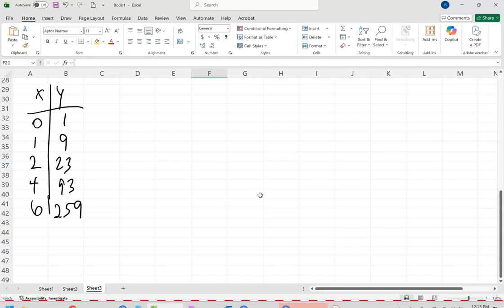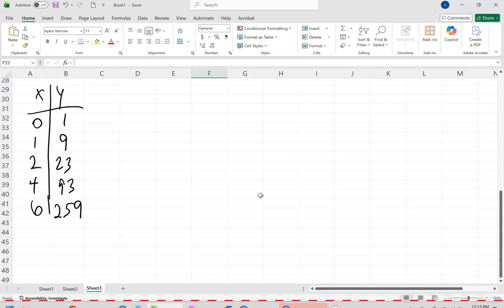Let's see if that really does go through the points correctly. Let me kill all of these things. We've got about 2 minutes. Let's see if I can get this typed in 2 minutes. All right, the points that we had to start with were 0, 1, and 1, 9. I wonder if I can type multiple points in here at the same time. Nope, sure can't. Well, maybe it did. Oh, yeah, it did.